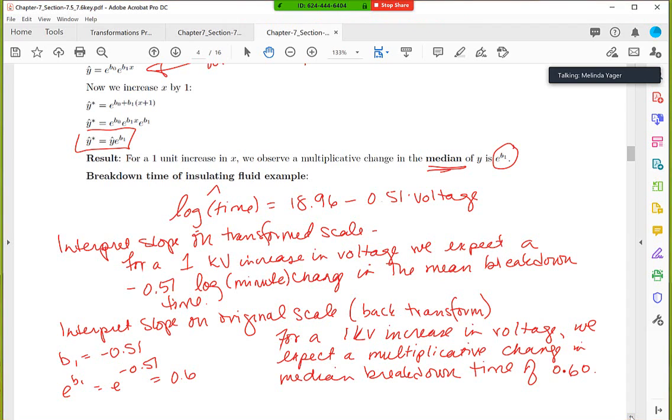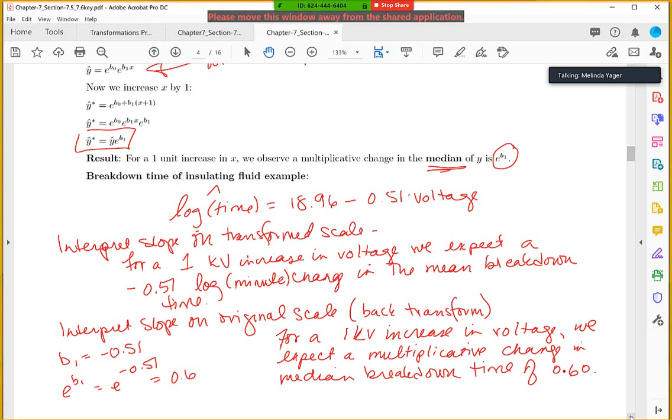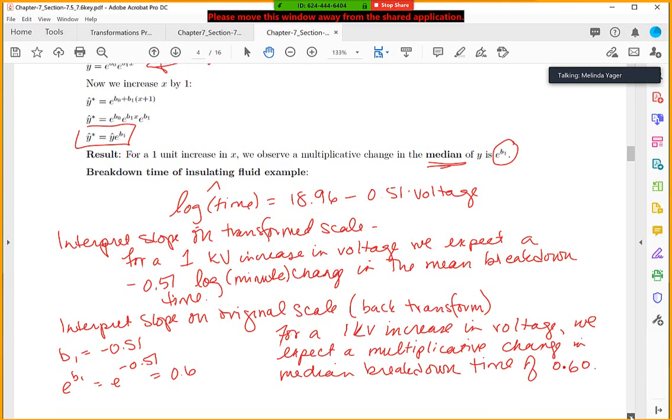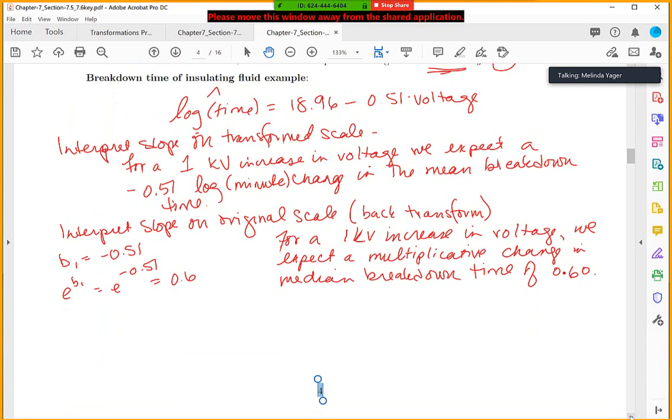Because we're talking about a 1 unit change in X, we're expecting our Y value to change by the slope. But when we think about interpreting slope on the original scale, we do have to back transform.